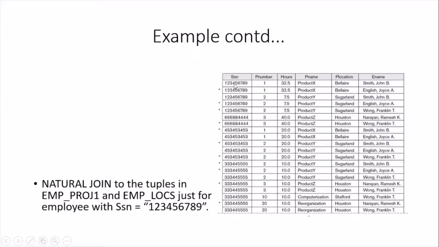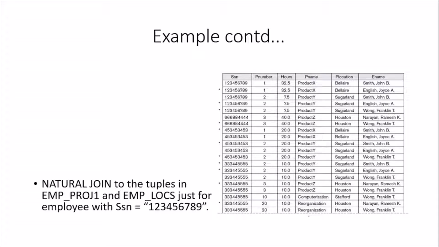Based on that, the result will be SSN 123456789, P number 1 as 32.5, P name Product X, Bellaire, and Smith, John B. The next tuple is again SSN 123456789, and we know SSN is a primary key that uniquely identifies an employee.